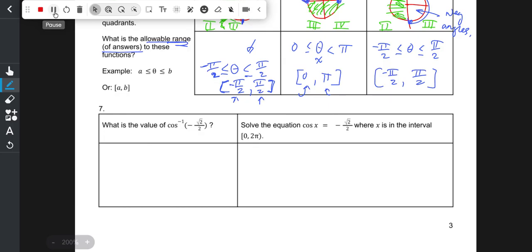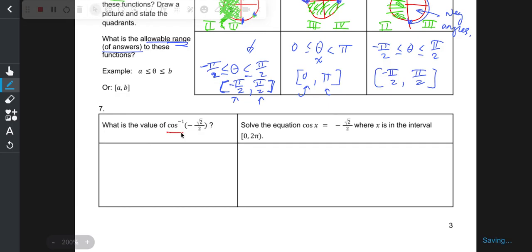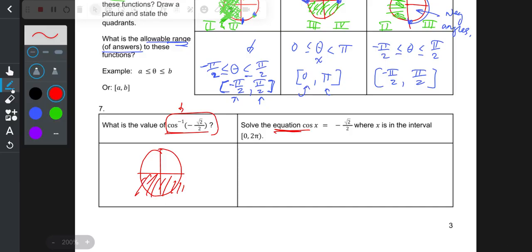I'm going to throw in number 7 as a bonus, because this gets at the difference between an inverse function and an equation. Value of this inverse function, okay, remember, you're talking inverse cos or arc cos. Only look at the top half of the circle.